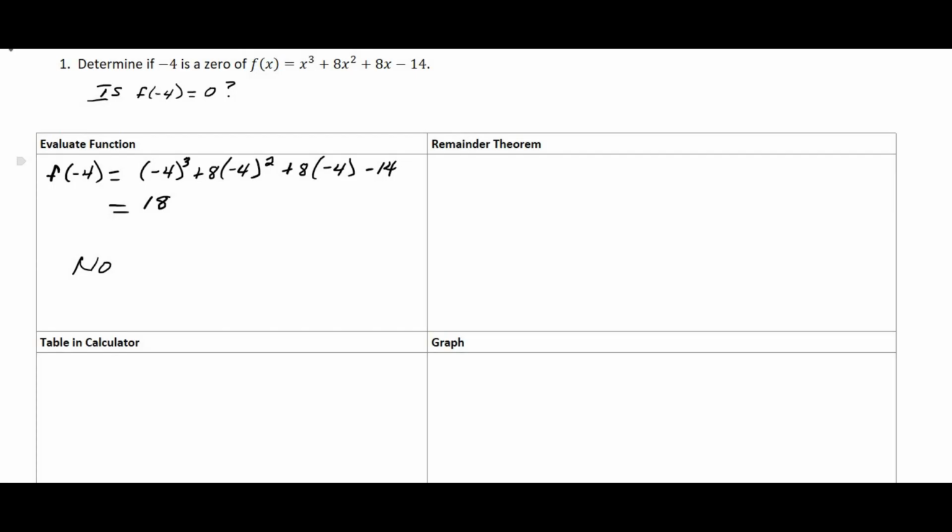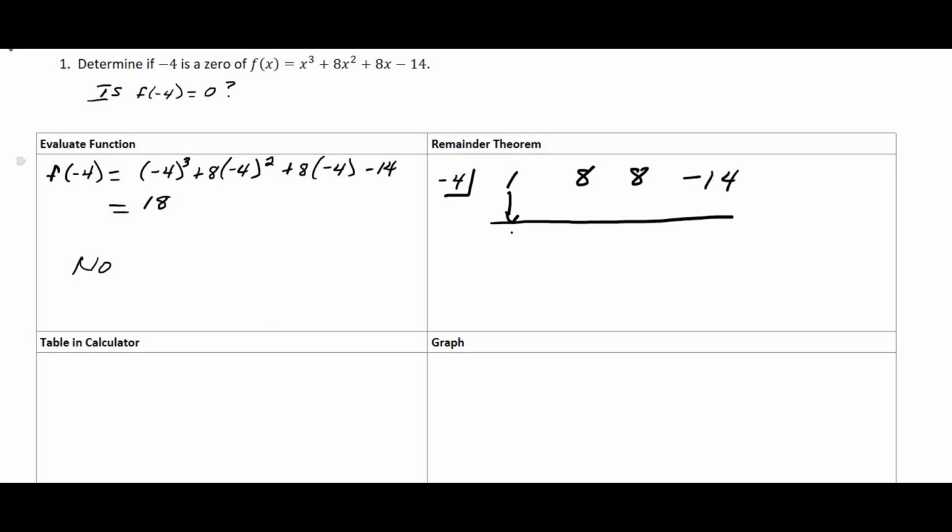The next way that I can determine the answer is by using the remainder theorem. Without going into too much detail about why it works this way, when you divide, is your remainder 0? I'm going to do synthetic division here with my -4. My coefficients are 1, 8, 8, and -14.